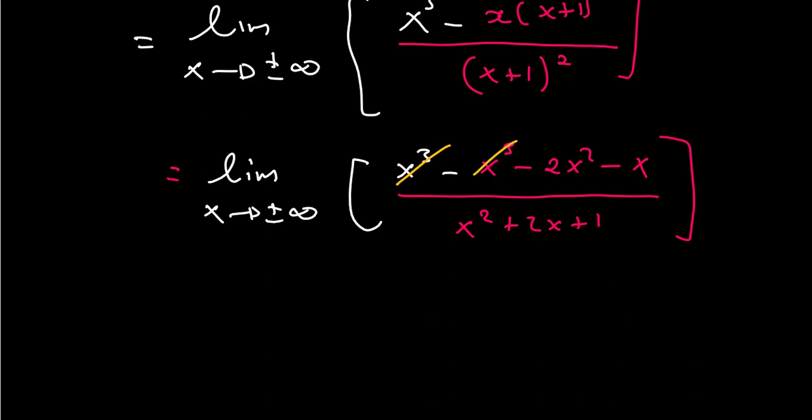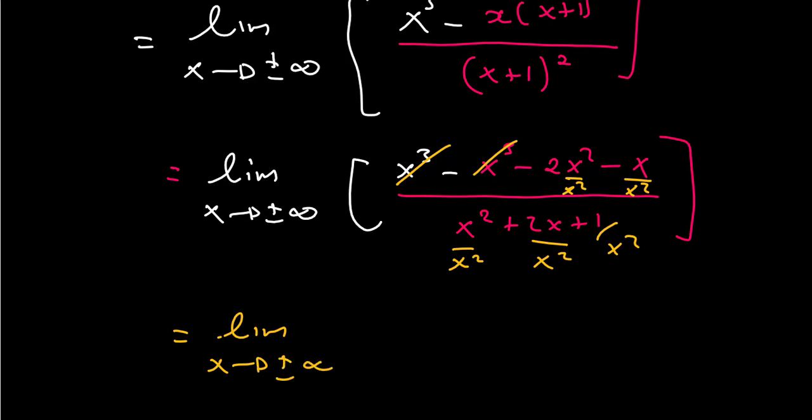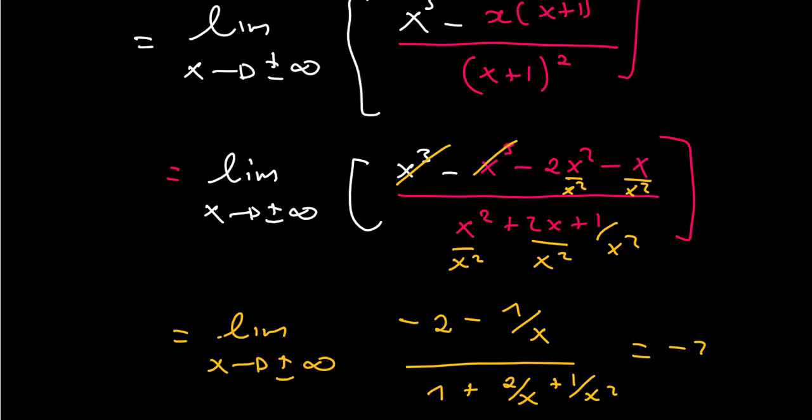So dividing top and bottom by x squared here to evaluate the limit at infinity, what we are left with is the limit as x approaches plus or minus infinity of negative 2 minus 1 on x divided by 1 plus 2 on x plus 1 on x squared. So this gives negative 2.